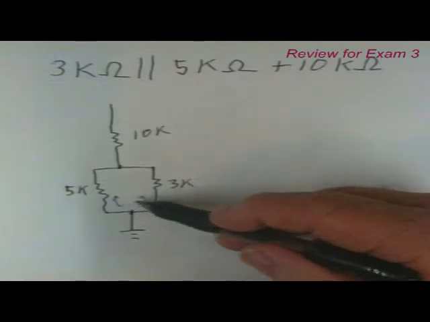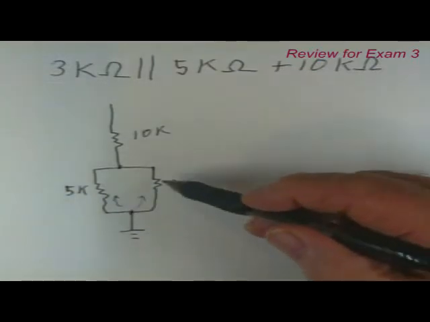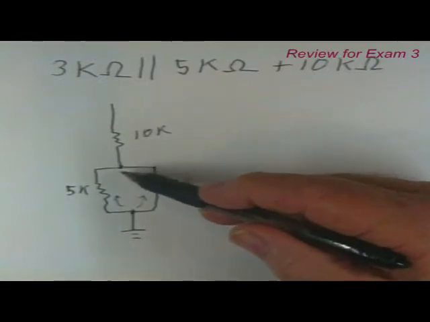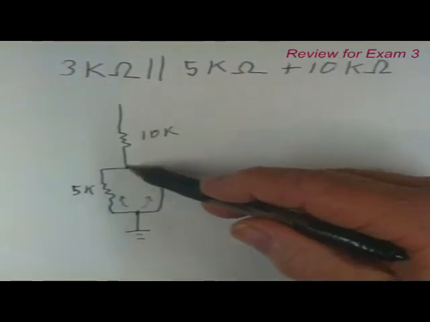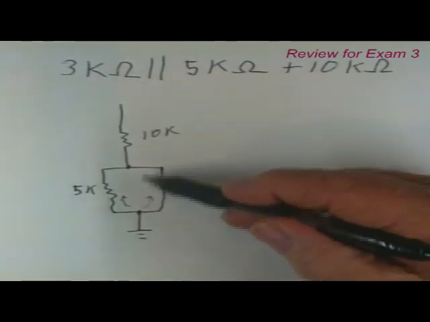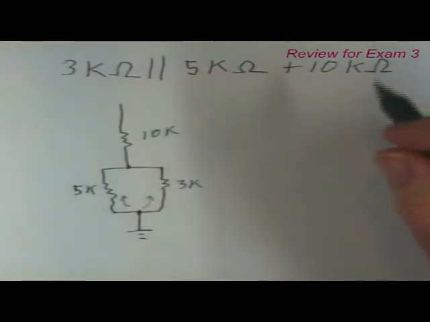And in this case, we're talking about the current dividing. Okay, these two currents flow up to this node, and then it enters this resistor that's in series with the two parallel resistors. That's why it's called a series parallel circuit.